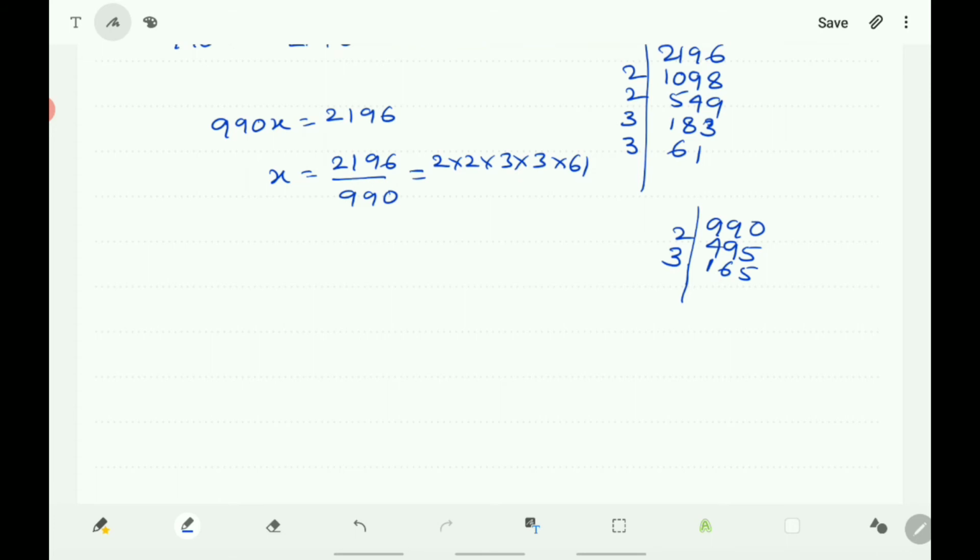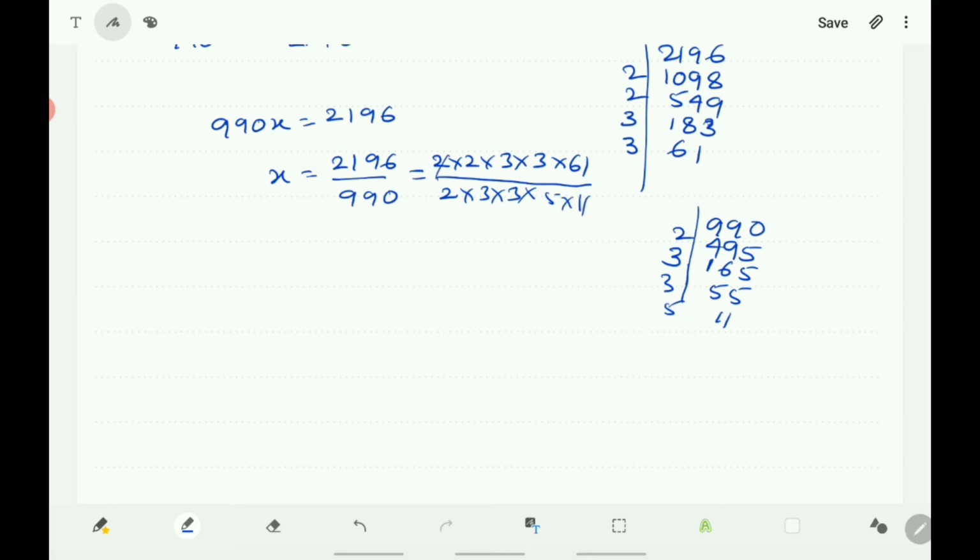And again it is divisible by 3, because the sum is 1 plus 6 plus 5, which is 12, giving 55, which is 5 into 11. So you write the factors here: 2 into 3 into 3 into 5 into 11.